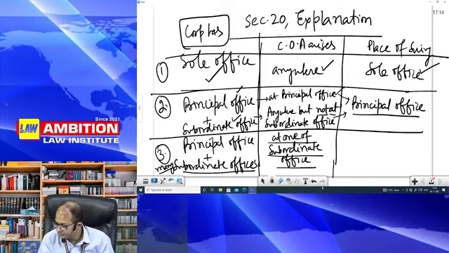And how did we reach this interpretation? Let me tell you, in the explanation of section 20, we have written: a corporation shall be deemed to carry on business at its sole or principal office in India. That is clear.